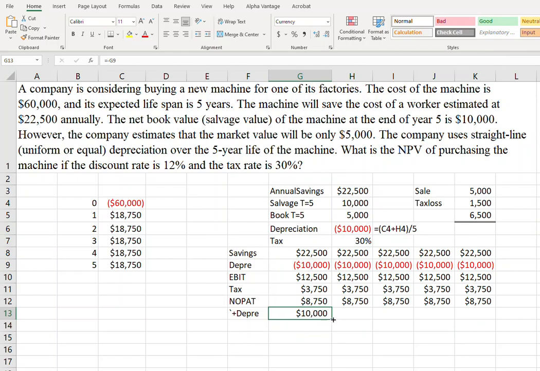We're adding our depreciation back. So then what we're left with is our free cash flow.